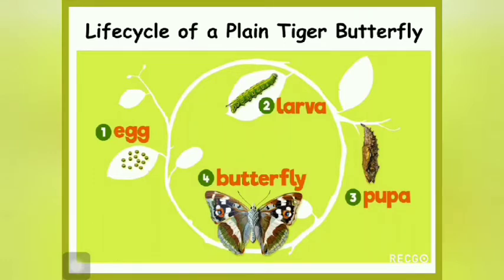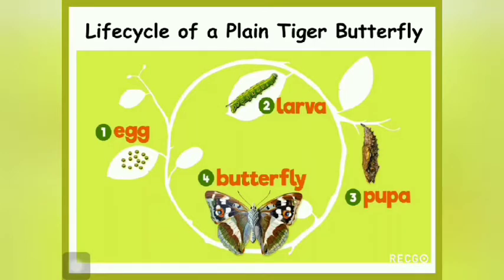It has a protective case at this stage. This case is also called a chrysalis. It remains inside the chrysalis for the next 11 or 12 days. It does not eat anything during this stage.